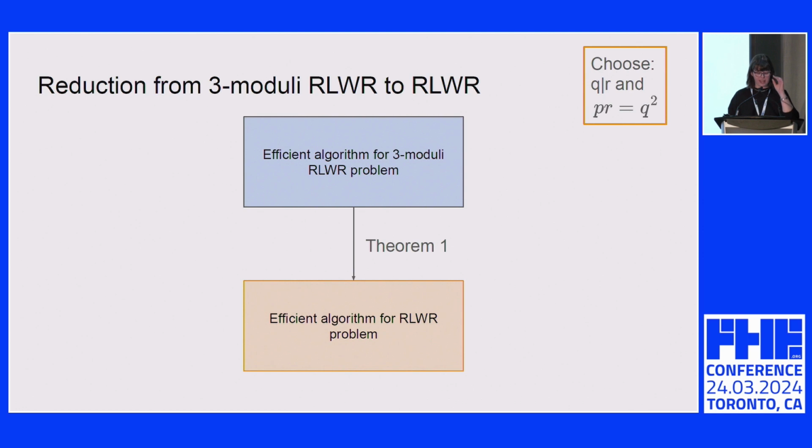We also give, as our theorem 1, a reduction from 3 moduli ring learning with rounding to regular ring learning with rounding. So if ring learning with rounding is okay, then 3 moduli ring learning with rounding is also okay. So we've proved the IND-CPA security of our scheme, relying only on the decisional ring learning with rounding assumption.